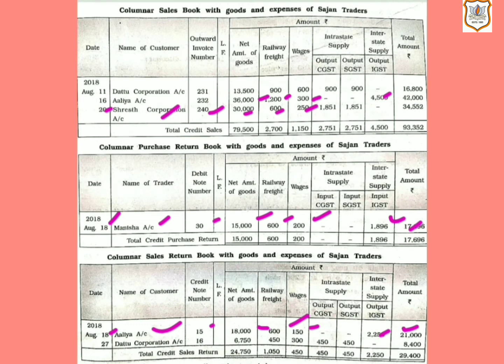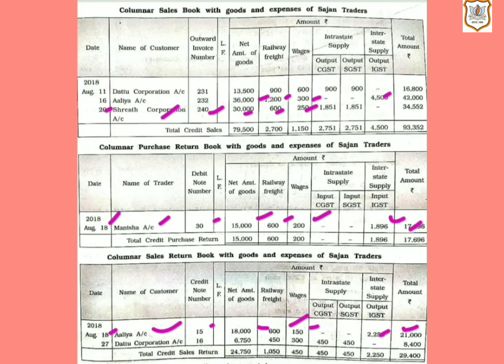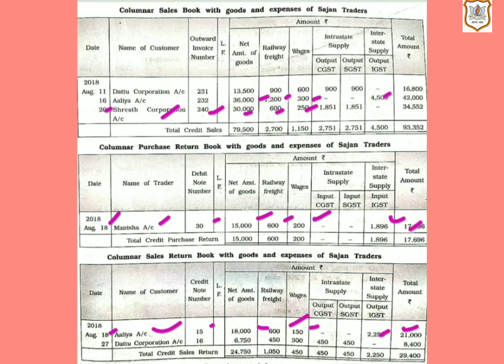Here, as this is the case of intrastate supply, both output CGST and output SGST are applicable. Here output CGST and output SGST will be calculated on net amount of goods plus expenses, that comes to 30,850, and GST rate is 12%, and according to that output CGST will be 6% and output SGST will be 6%.